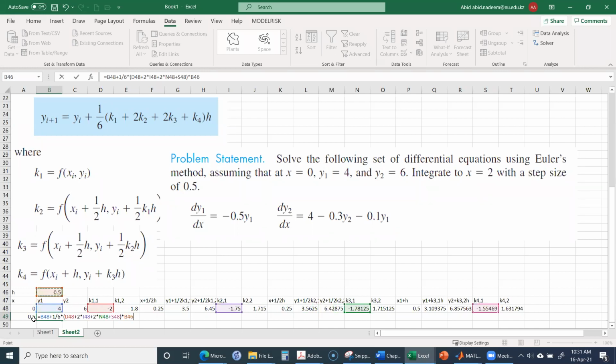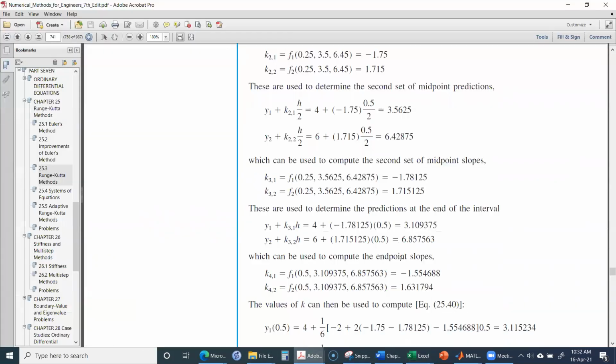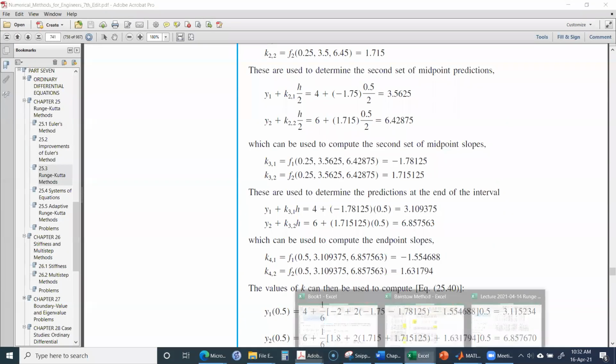Whenever I use h, I press F4 to make it a fixed reference, so that when later I copy and paste the values, drag the values for calculating formulas, the value of h will not change. So I will press F4 and then I get 3.115. Just check the answer. Yeah, 3.115234.